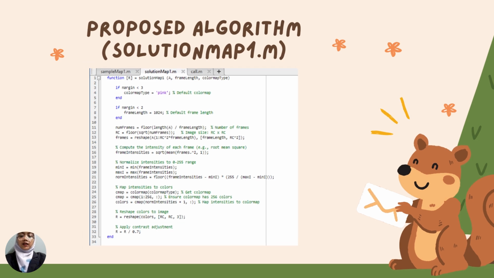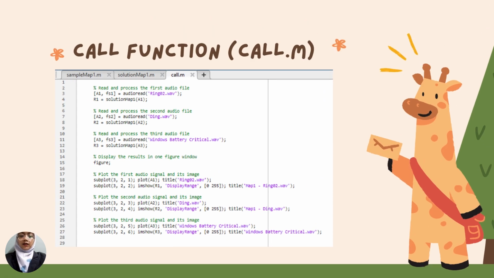And next is the call function, where I try to map the figures into one figure by using subplot.